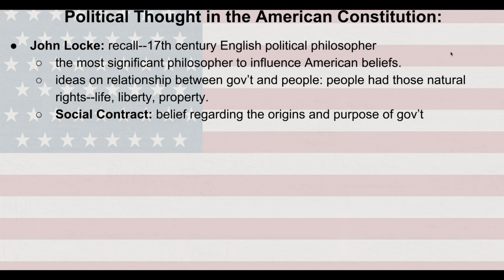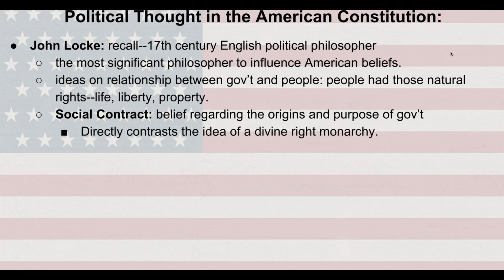And so he says we enter into a social contract with a government to protect these rights. He says that a social contract is a belief regarding the origins and purpose of government. Governments just don't happen. They're man-made. They're created. And they have a significant purpose.